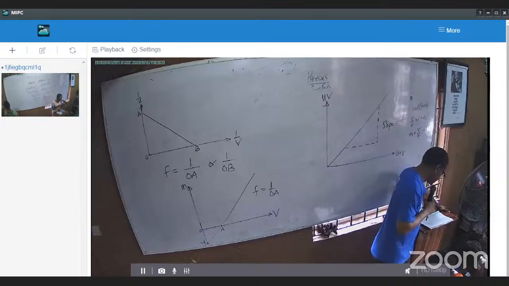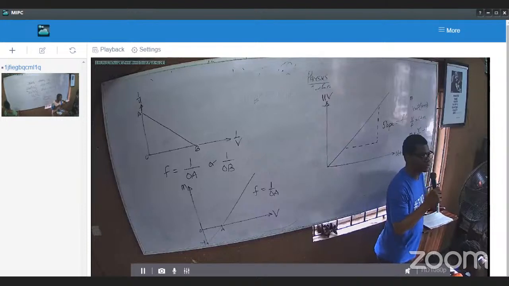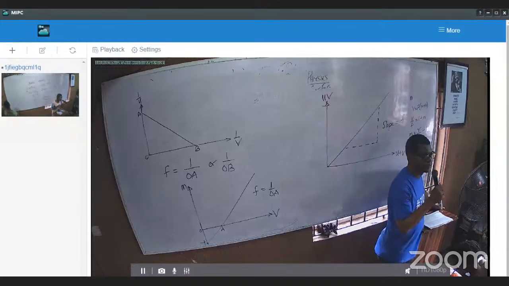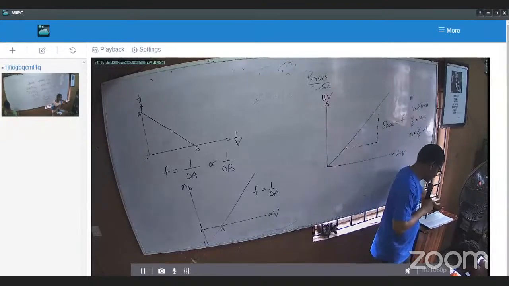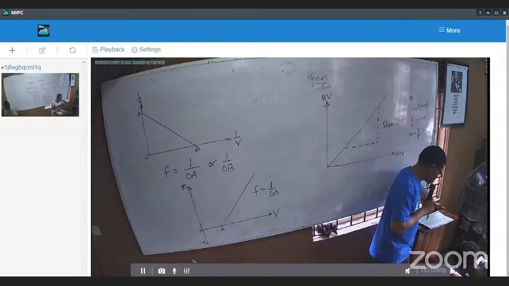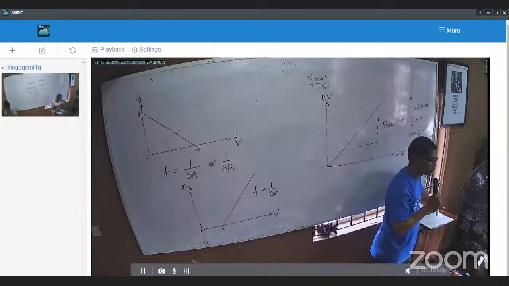Given that the refractive index for light passing from air to water is 4 over 3, and air to glass is 3 over 2.